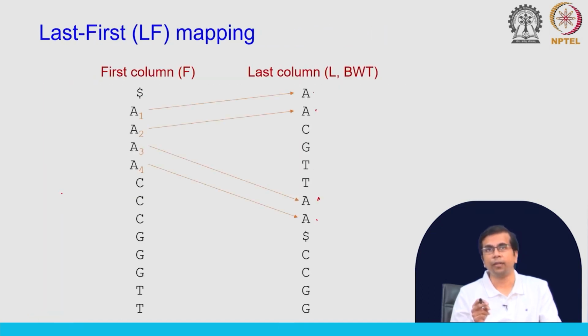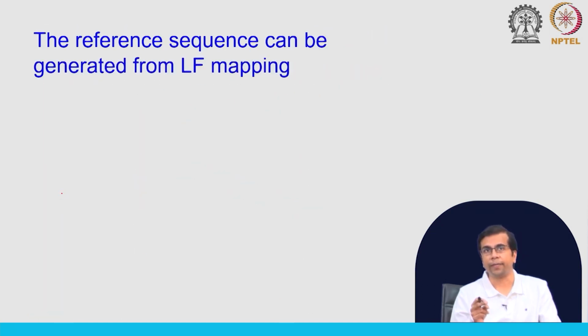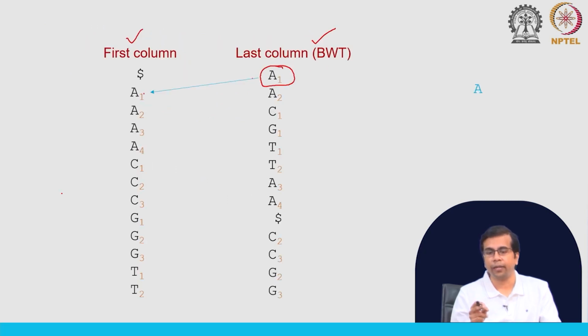So, let us go back there, and here this A1 corresponds to this one. Now, because of the string rotation, this A occurs before this A. So, A2 occurs before A1 in the reference sequence.